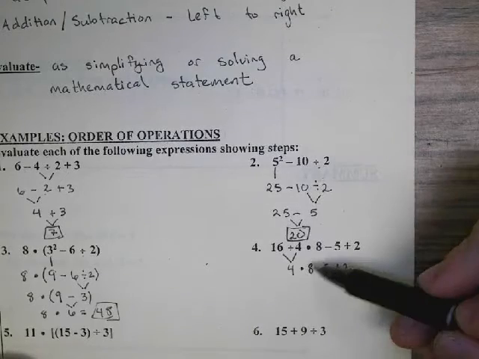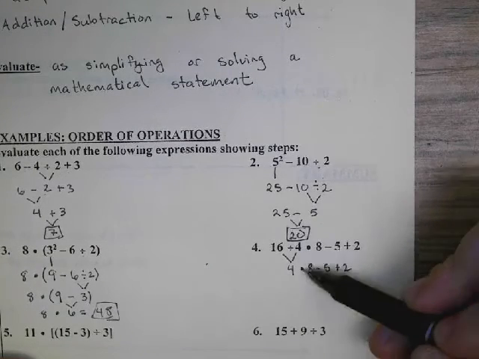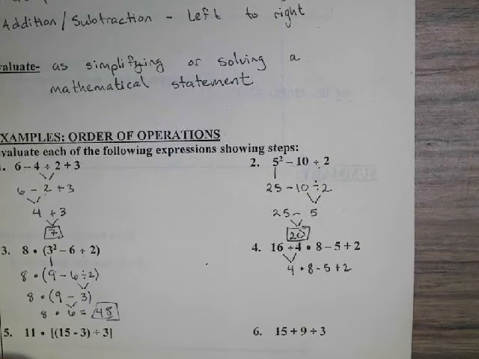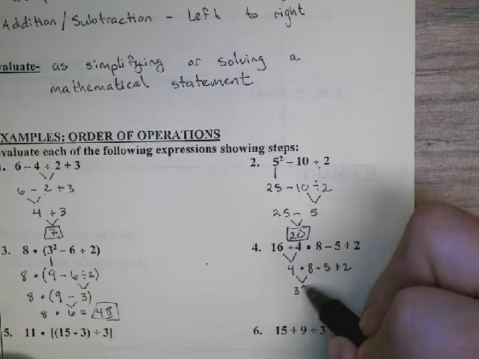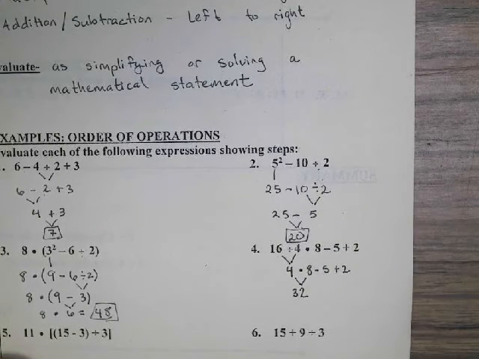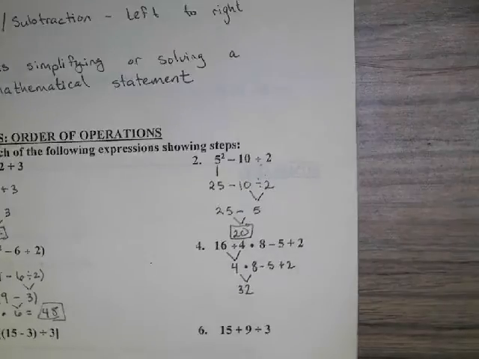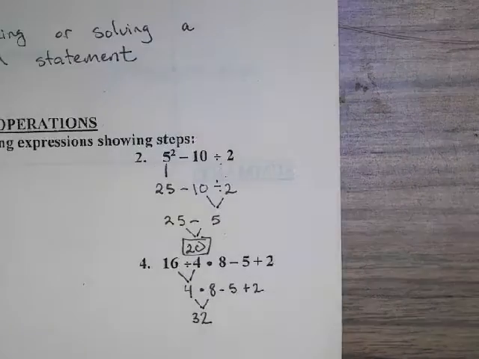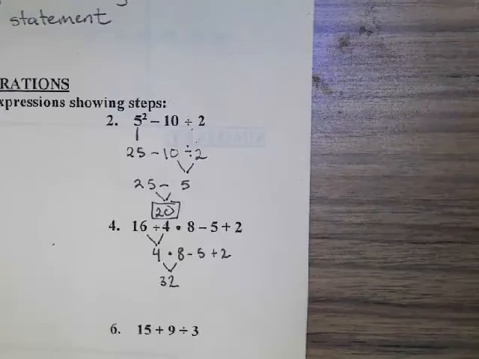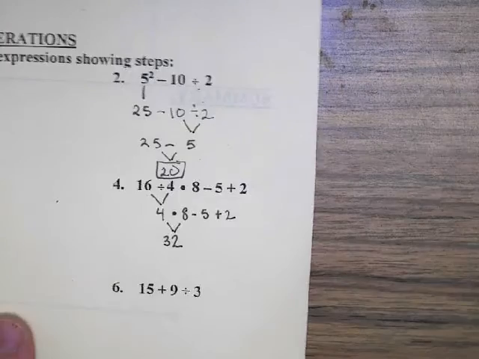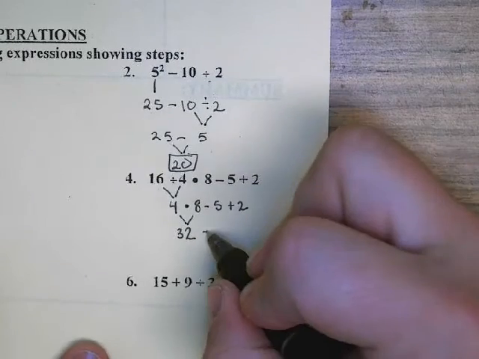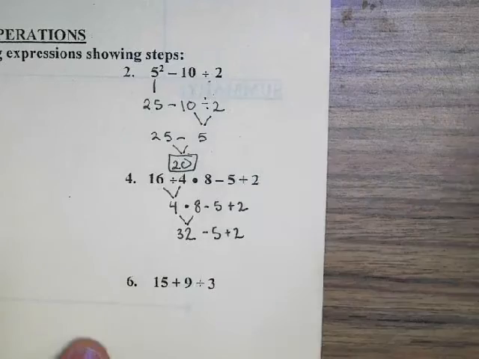Now I have multiplication, subtraction, and addition. So I'll do my multiplication first. 4 times 8 is 32. I'll bring down my minus 5 and my plus 2.